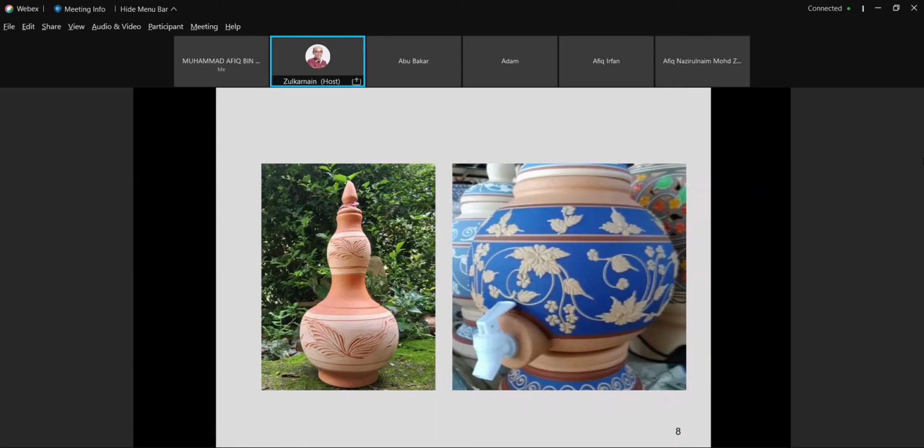What is this, guys? What is it called? Labu, this labu represents why certain people say that if we put water inside this container, which is labu sayung, right? It's made of clay.